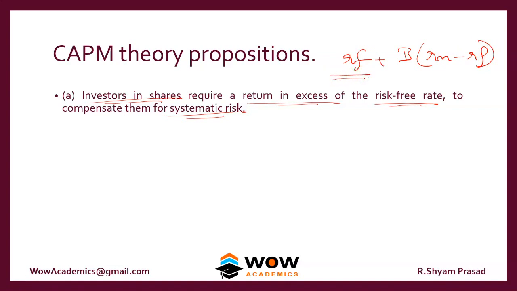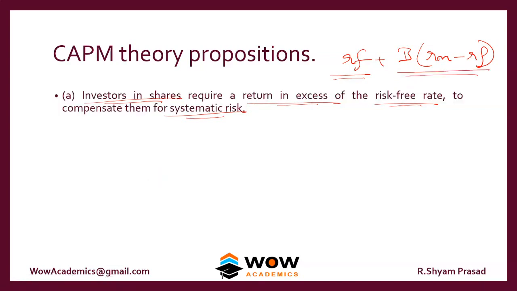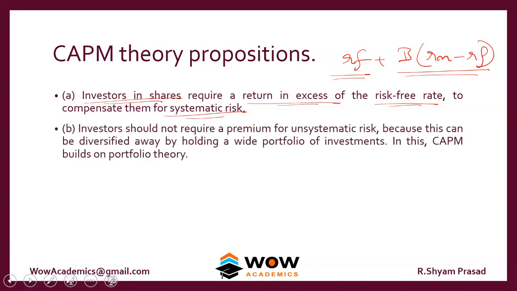Investor wants definitely RF plus additionally a premium for the risk he takes with the company. So investors should not require a premium for unsystematic risk because that is diversified. So they should not ask any money for that, and they should only ask a return for the systematic risk. So how do you know how much systematic risk the company has? Systematic risk is measured through beta.